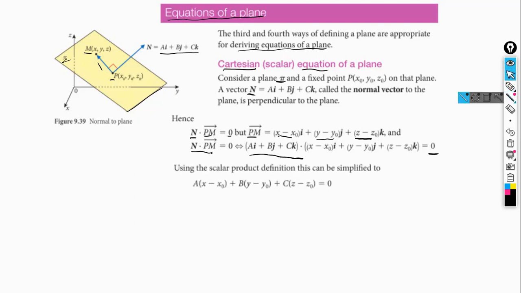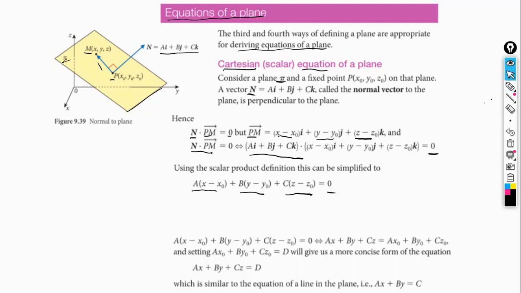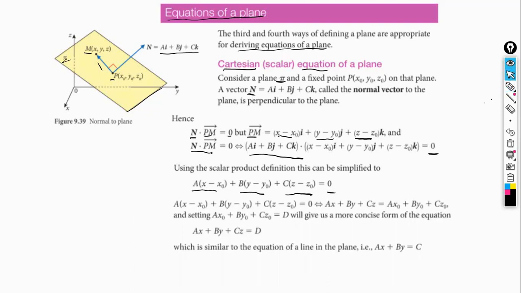Then using the scalar product definition, this can be simplified to a times x minus x sub 0 plus b times y minus y sub 0 plus c times z minus z sub 0, and this has to equal 0. And then from here, if we multiply and expand, we are going to get an expression in the form a times x plus b times y plus c times z is equal to d.